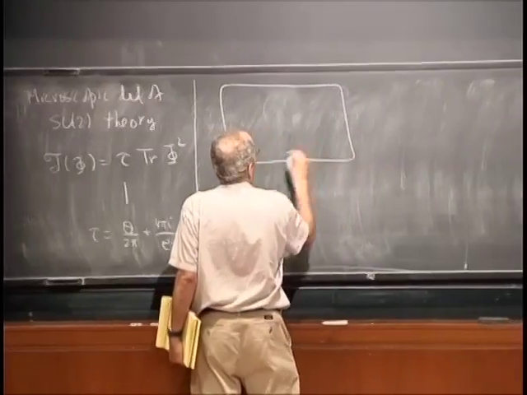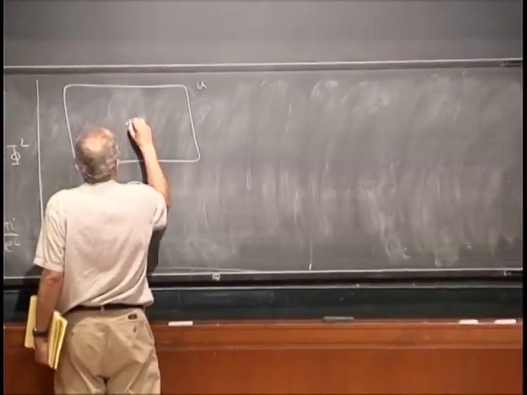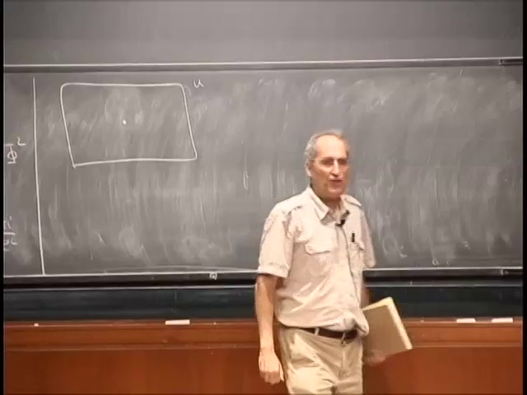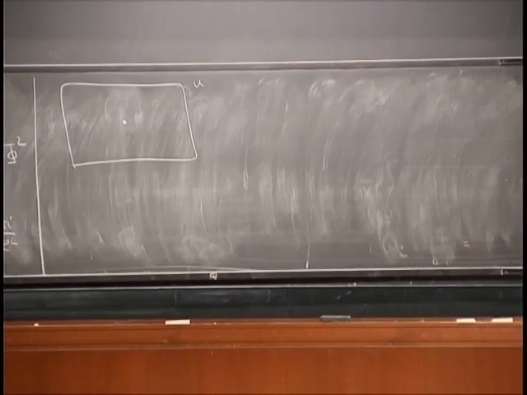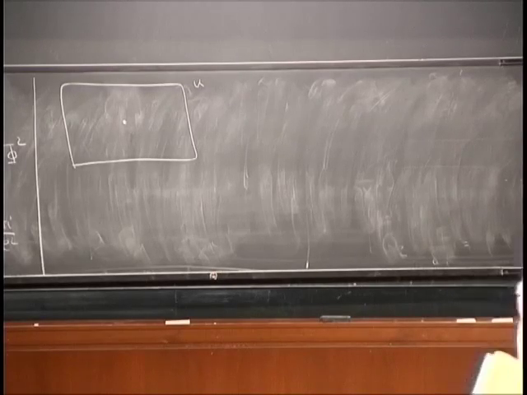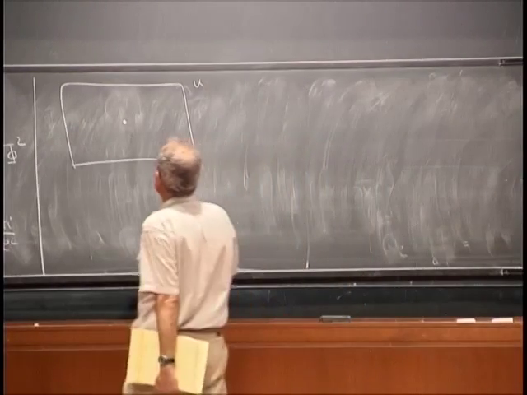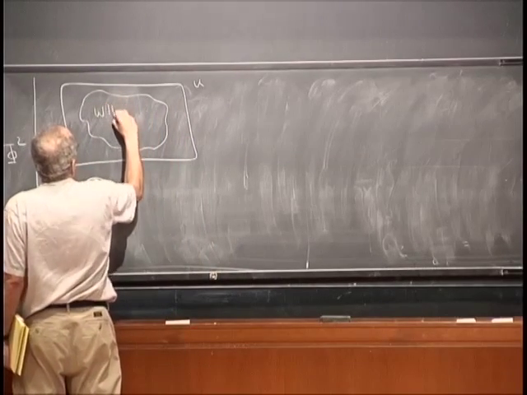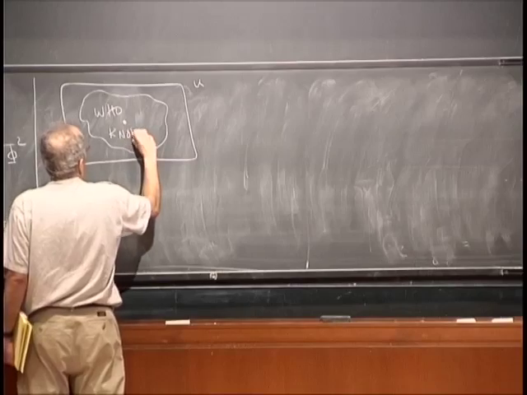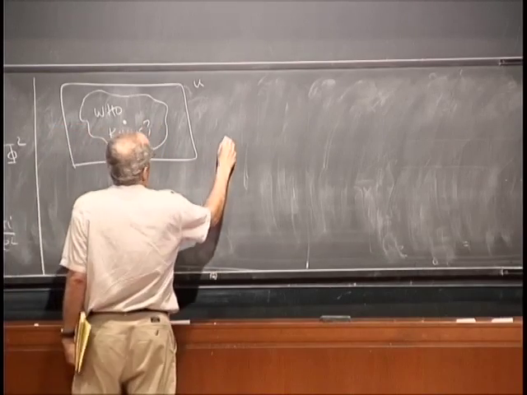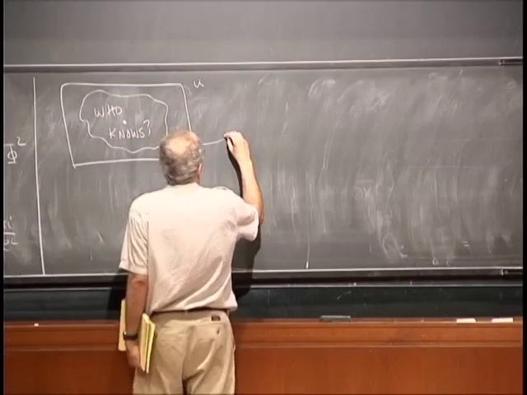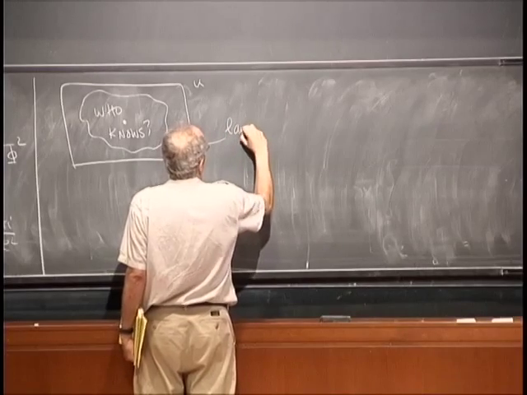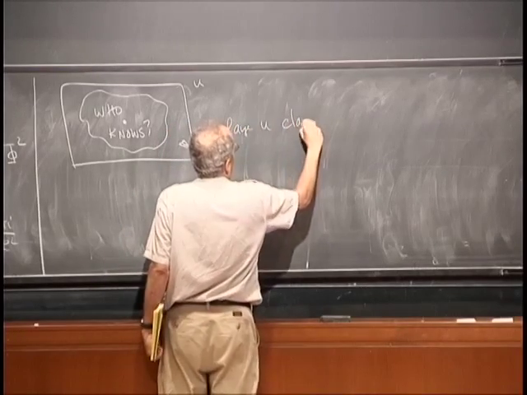We had this U plane, and classically there was a bad point at the origin, but quantum mechanically there's a bad region near the origin where the gauge coupling becomes strong and we don't trust the classical behavior. So we don't know what's going on in here. But for large U, there's a classical picture.